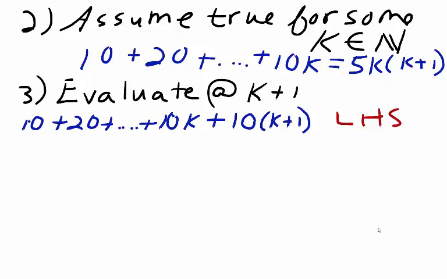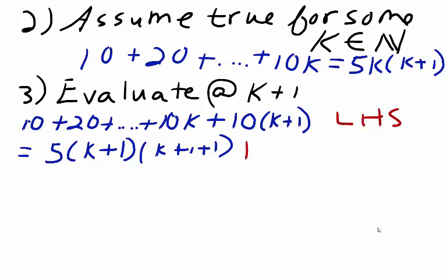We set this equal to our right-hand side, which we write as follows. 5 times k plus 1 times k plus 1 plus 1.